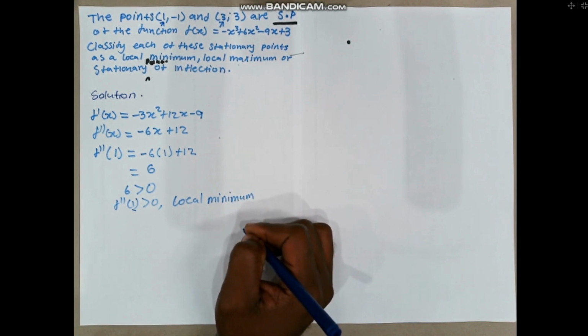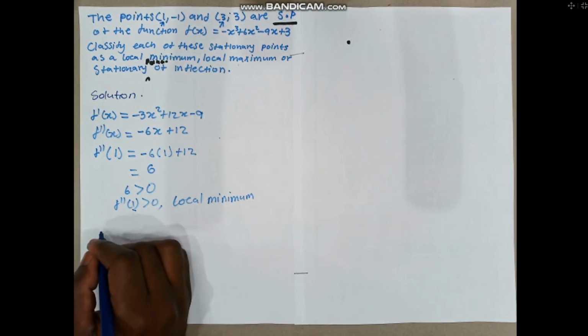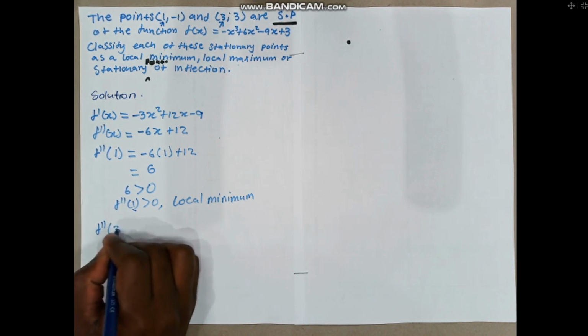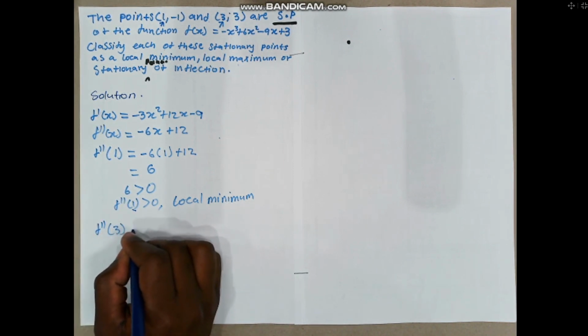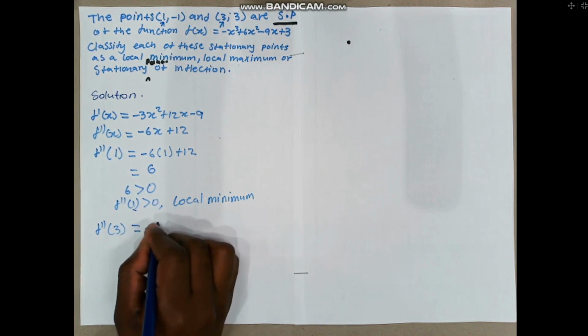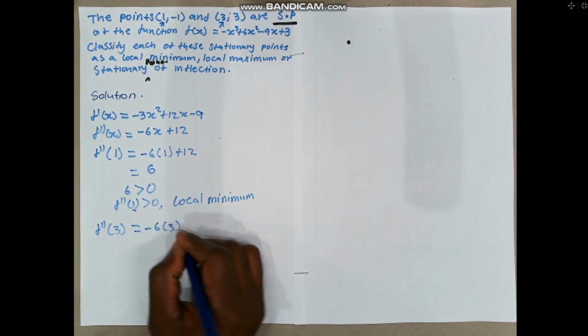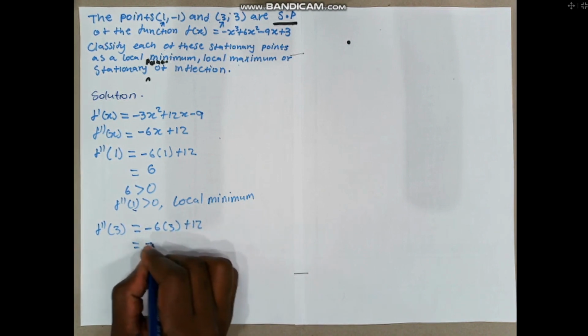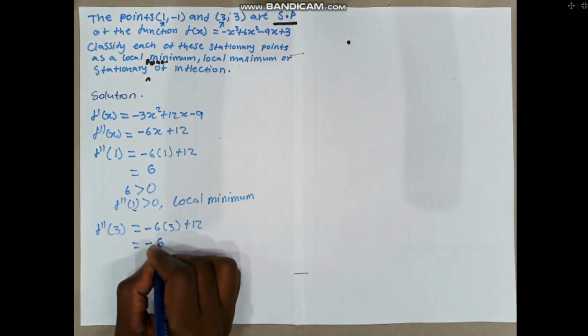I hope you understand that one. And then now when x is 3, the second derivative where x is 3: -6 times 3 plus 12, we get -6.